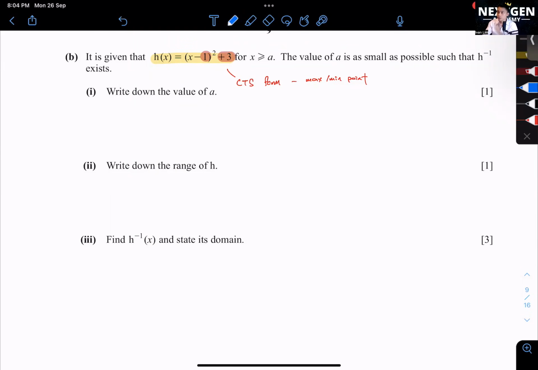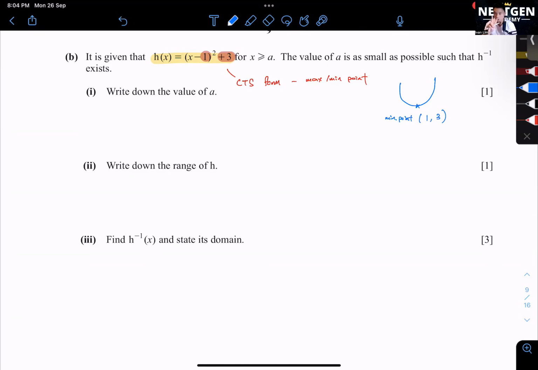Okay, how to do this? So we first look at this. This is a smiling face graph, right? Because your x squared is positive. If I open out the bracket, this one you just need to see here, x, then squared. Then your minimum point, okay, you all can write this down and draw it out. 1, 3.